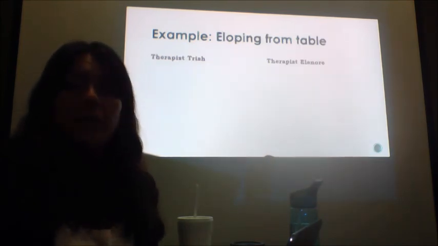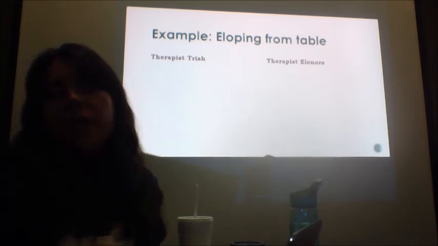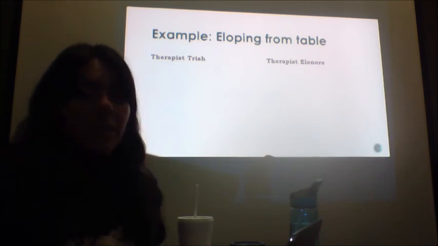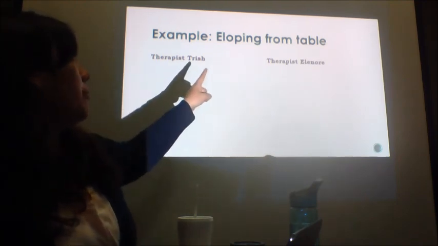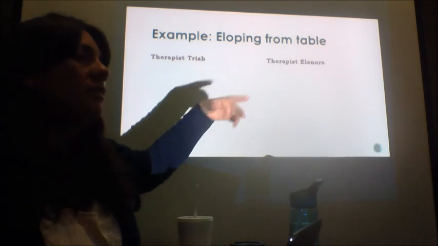So another example is eloping from the table. A lot of the kids that she'll work with, especially maybe in building B, are kind of squirmy and squiggly, like the kid that you saw in the before and after discrete trial video, and they will try to run away from where you're working with them. So we have two settings, two therapists. One is therapist Trish, and the other one is therapist Eleanor.